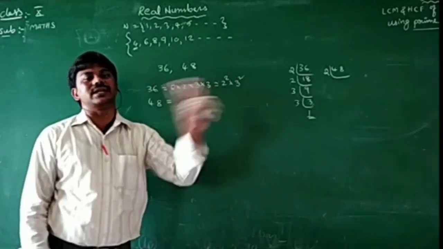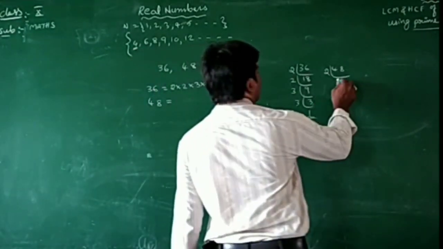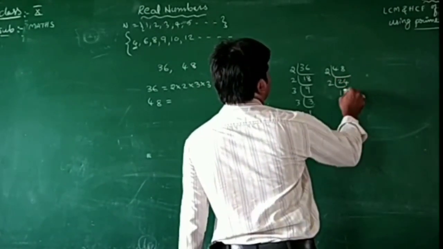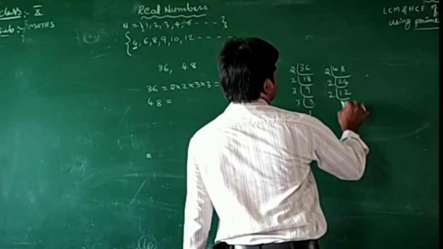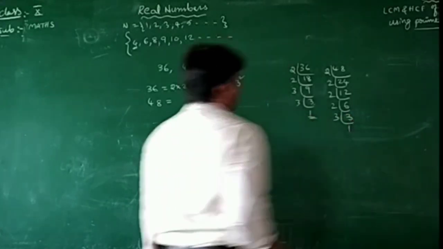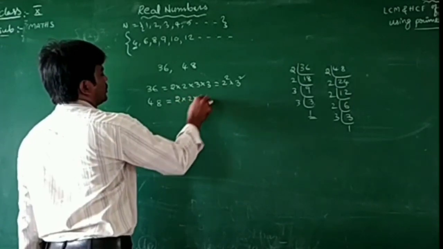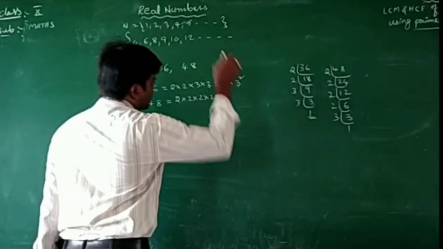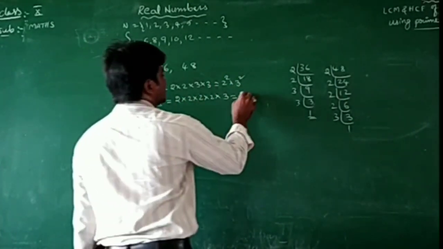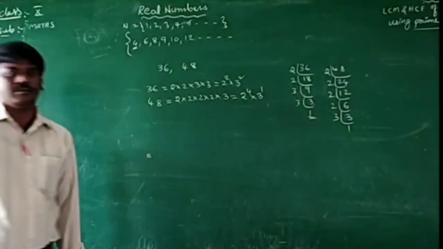We should not use any other numbers. So 2 table 24 times, 2 table 12 times, 2 table 6 times, 2 table 3 times, 3 table 1 time. So the prime factorization of 48 is 2 into 2 into 2 into 2 into 3. Its power notation is 2 power 4 into 3 power 1.